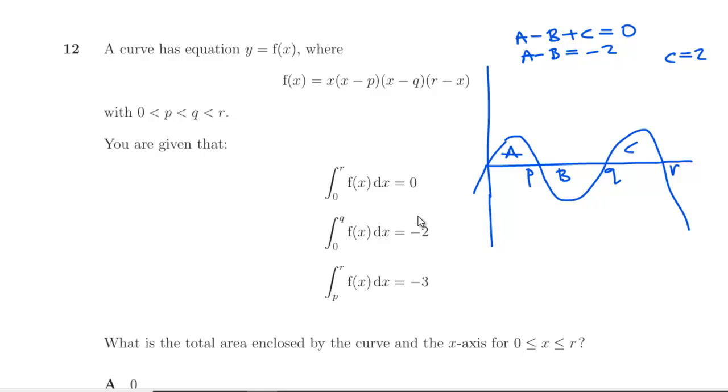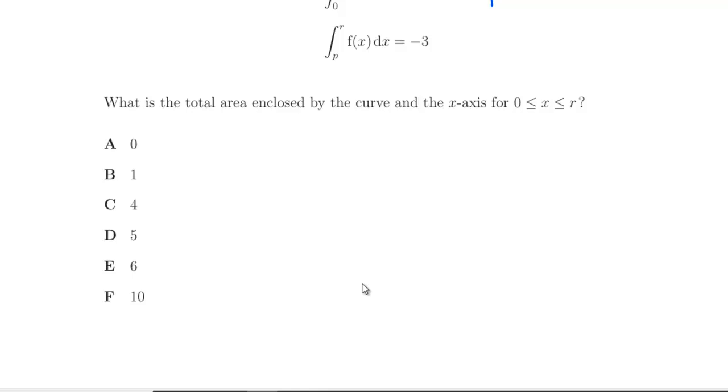Then we've got from P to R. P to R is minus 3, which means that B must be 5, which means that A must be 3, which means the total must be 10, which is F. That was a nice question as well. Like that one.